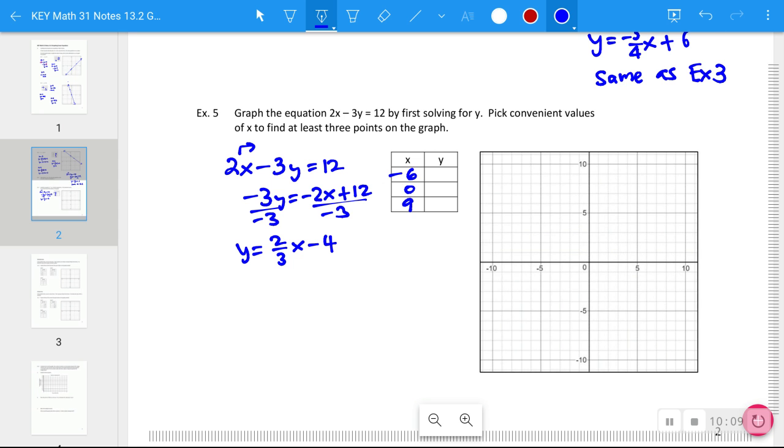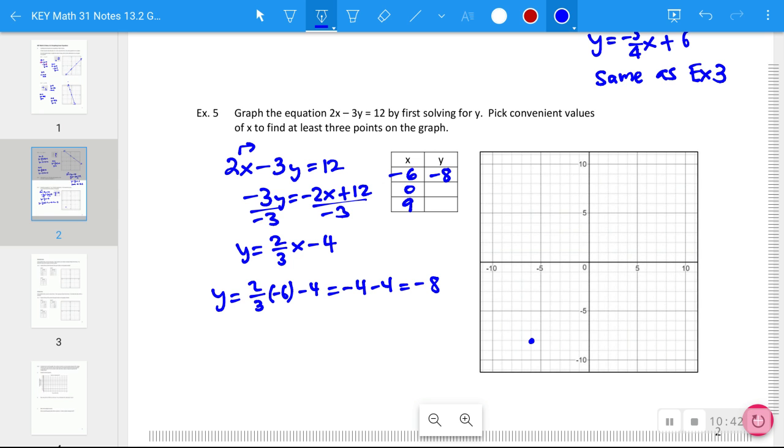Okay, so let's put in -6 to start with. y equals 2/3 times -6 minus 4. Okay, this part of it here would be -2. And -2 times 2 is -4. Take away 4 is -8. So we need to go 6 back and 8 down.